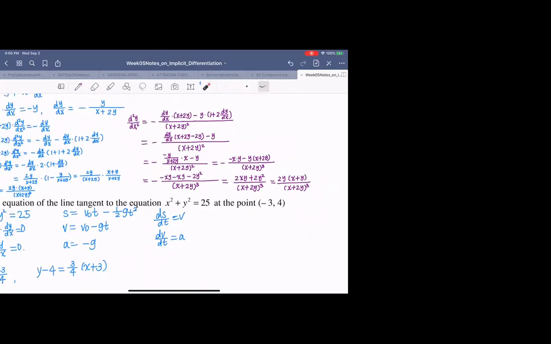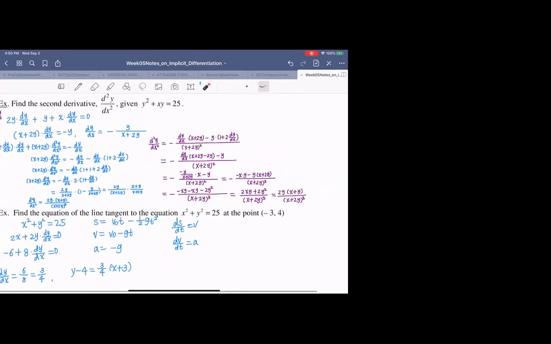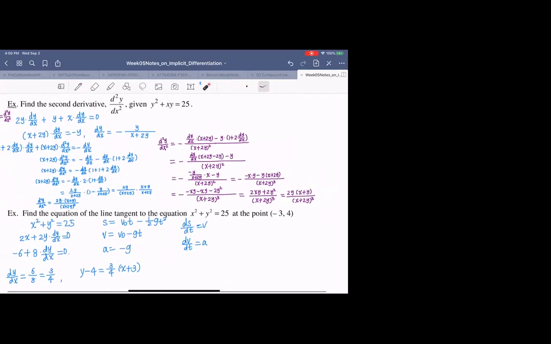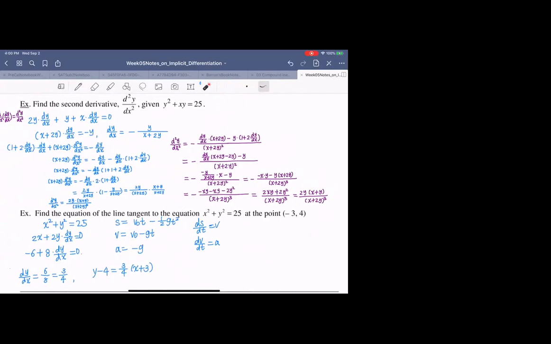Which part did you finish? I'm on the second to last line of the first one.